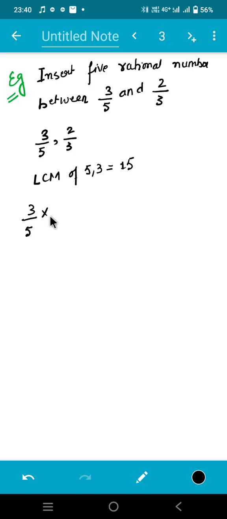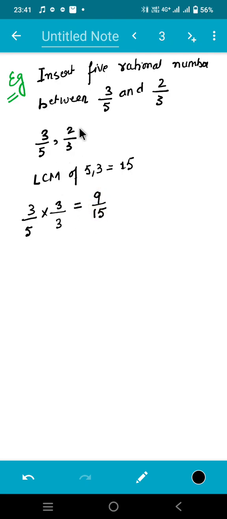Now, our first objective is to make the denominators similar. How to do that? This is the required LCM, isn't it? 15. Now, this 15 you will divide by this denominator. When you divide 15 by 5, what is the answer? Obviously, it is 3. So you will multiply this 3 with the numerator and the denominator as well. What answer do you get? 9 upon 15.